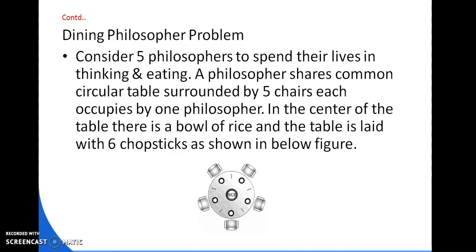The philosophers share a common circular table surrounded by five chairs, each occupied by one philosopher. In the center of the table there is a bowl of rice, and the table is laid with five chopsticks, as shown below.